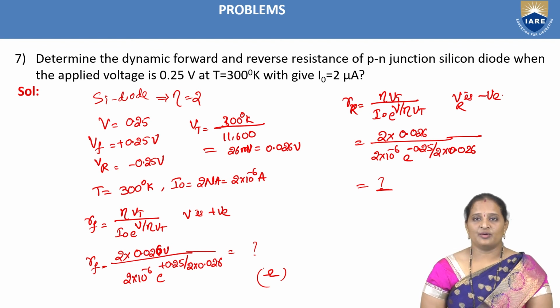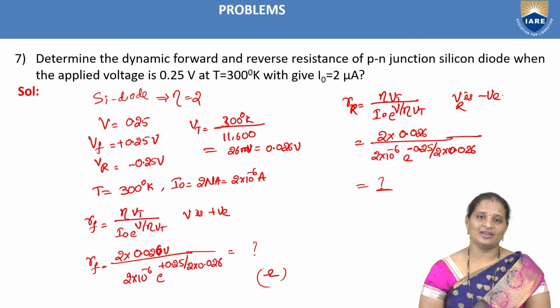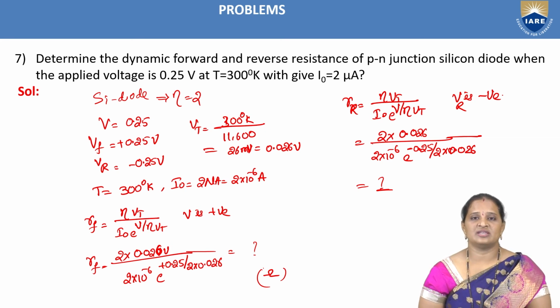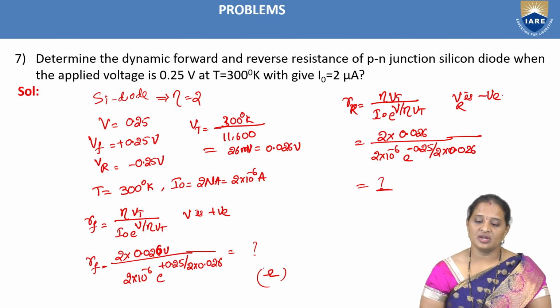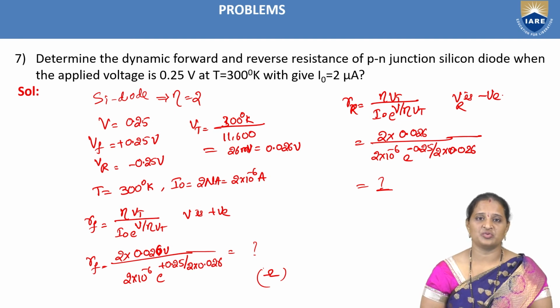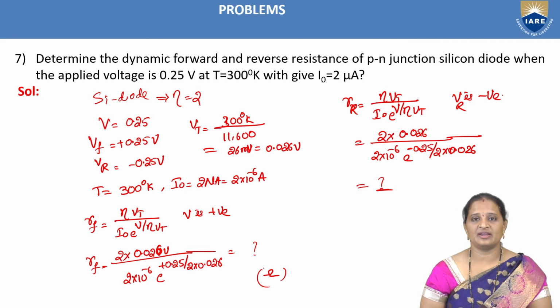The equations, that is the current equation and dynamic resistance equations of a diode, are valid for both forward bias and reverse bias conditions. The only thing is, under forward bias condition, the voltage applied is considered positive, and under reverse bias condition, the voltage applied is considered negative.